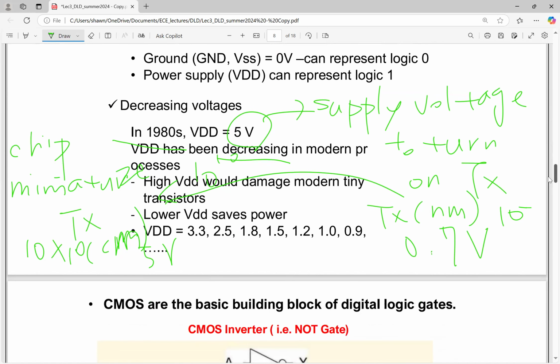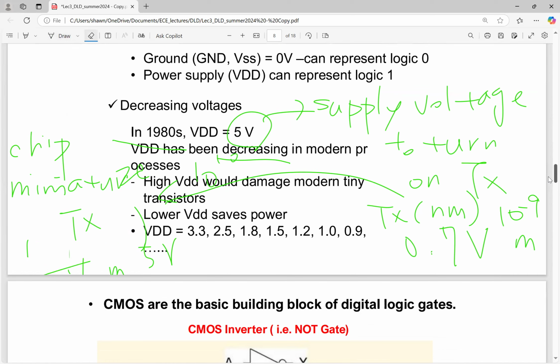Nanometer size is 10 to the minus 9 meter. The centimeter is going to be 0.1 meter, sorry, 10 to the minus 1, about 10 to the 8 times bigger. Yes.